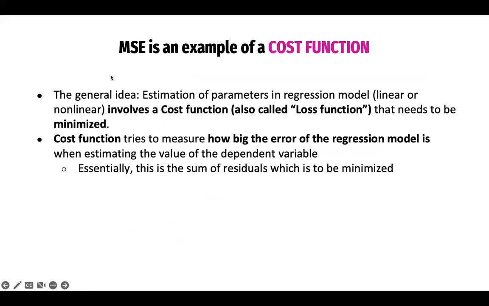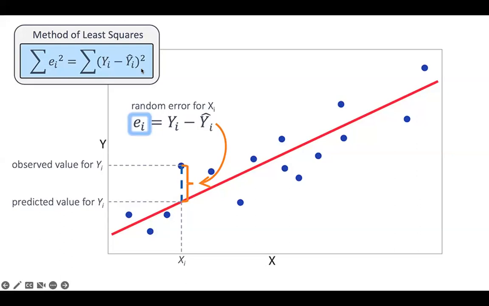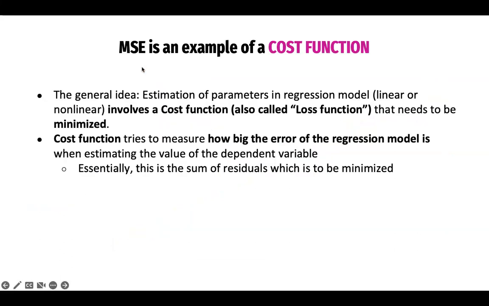The mean square error that you have seen earlier, this MSE, is an example of a cost function. The general idea is that we estimate the parameters in a regression model, and we use a cost function such as MSE to check how far the predicted is from the actual. In order to get a good quality model, we have to minimize this cost function.